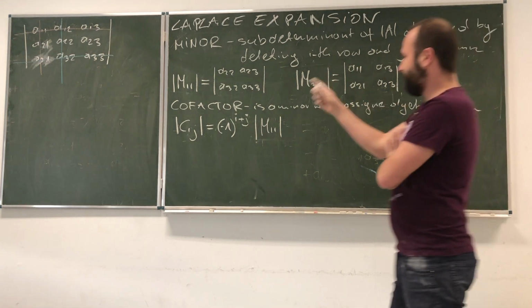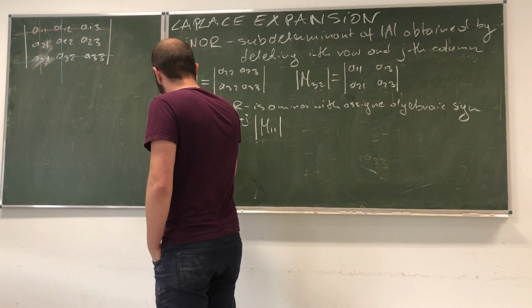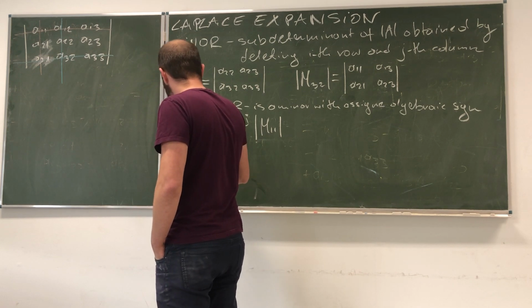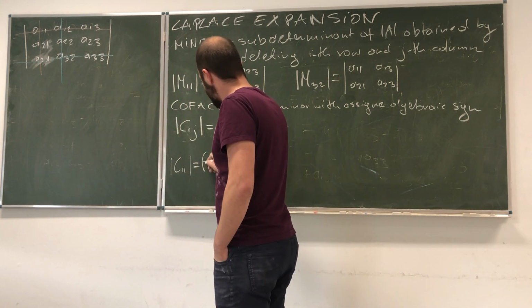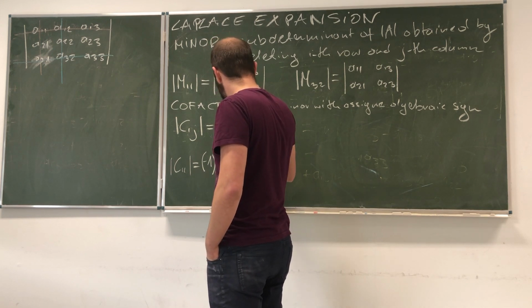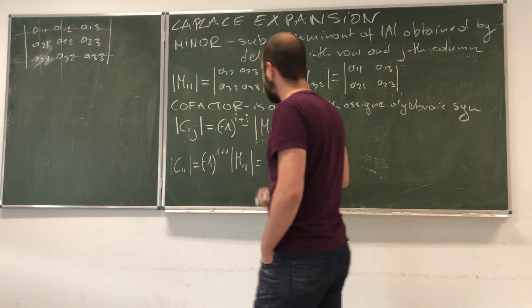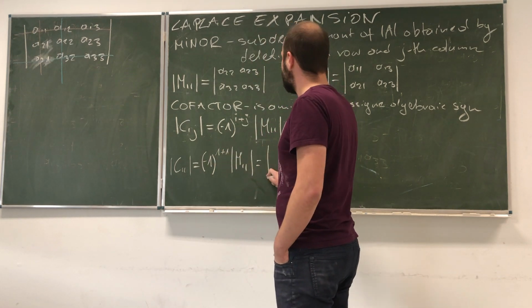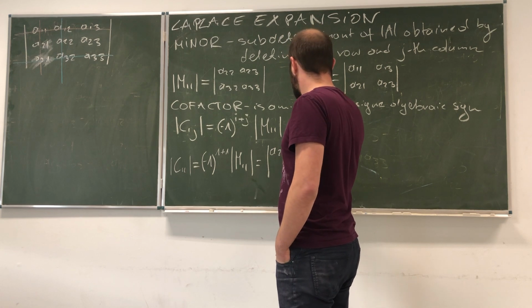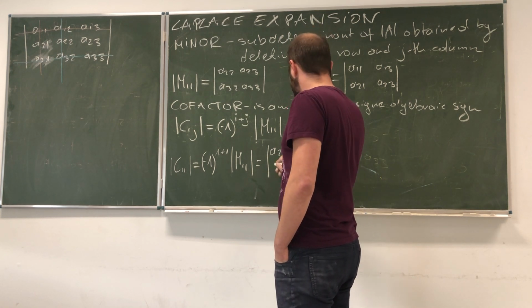Okay, so let's check it for our previous case. Cofactor C11 is simply negative 1 to the power 1 plus 1 times minor 11. So this is just 1, so it is the same as our minor.